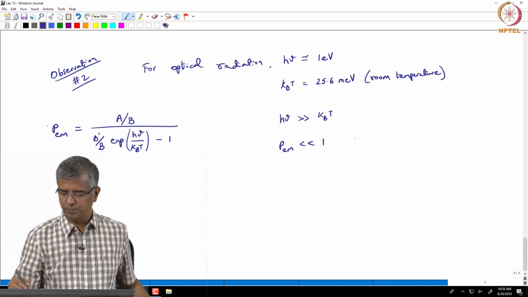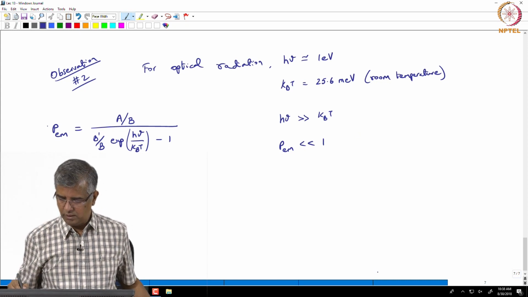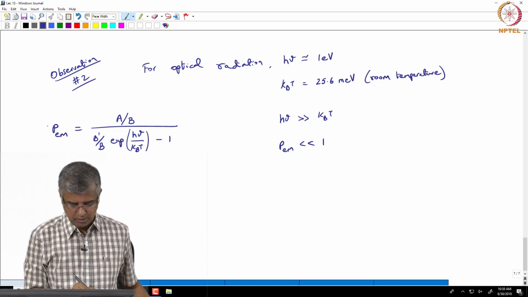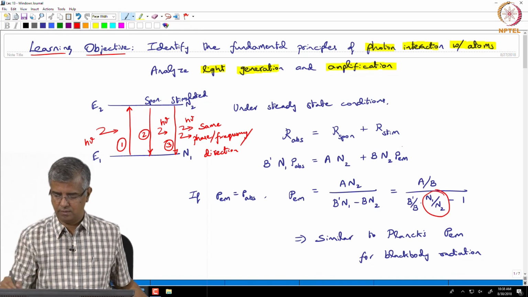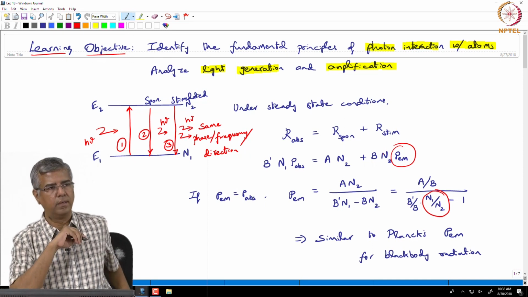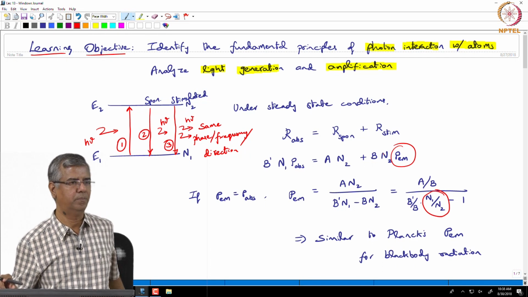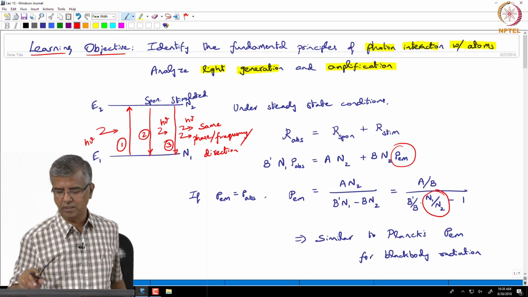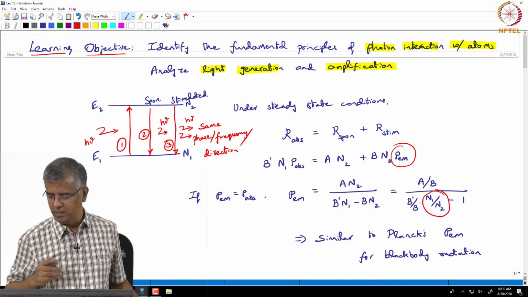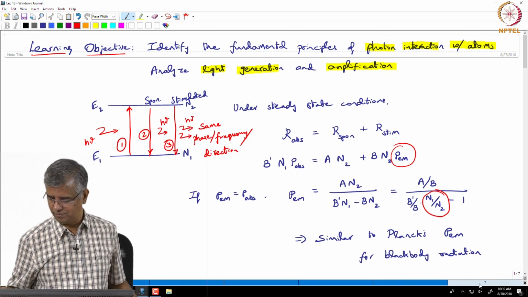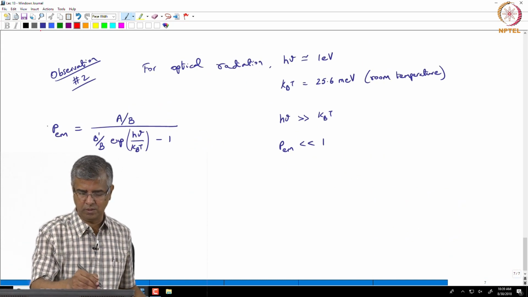And as a corollary, you can say that since emission probability density shows up here, right, which is corresponding to the stimulated emission term, you can say that the spontaneous emission is going to be more probable than stimulated emission, right, if that emission probability is very low.